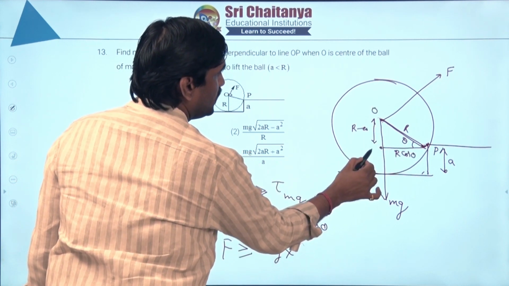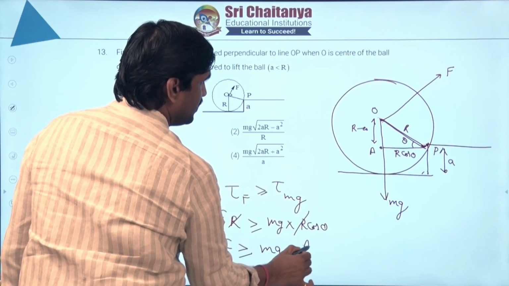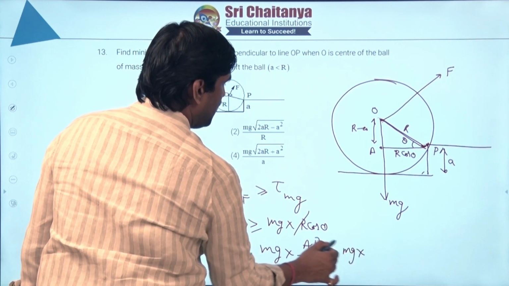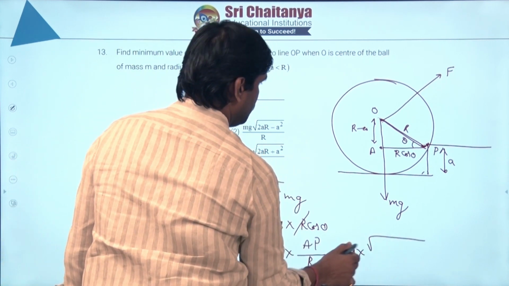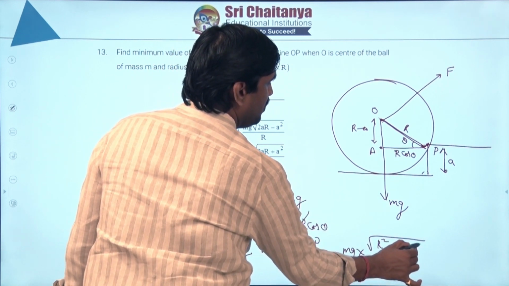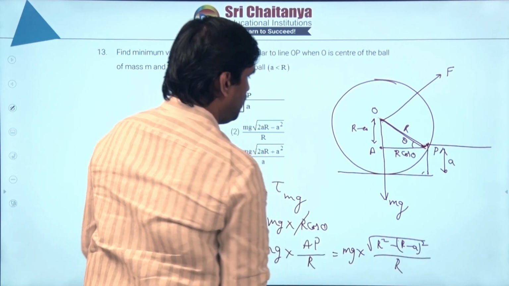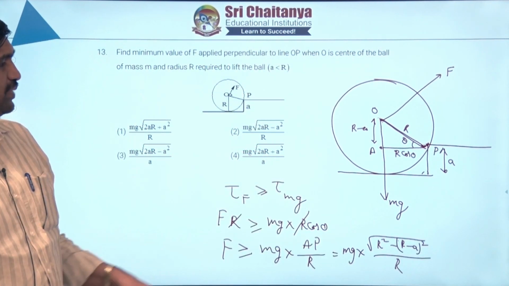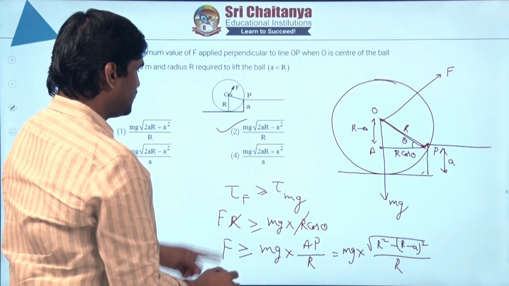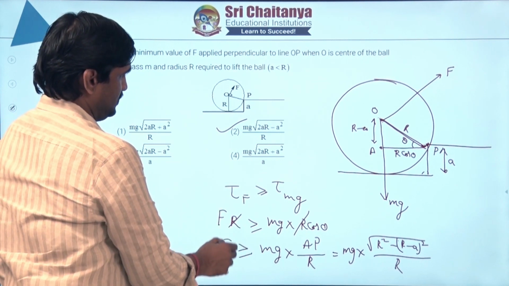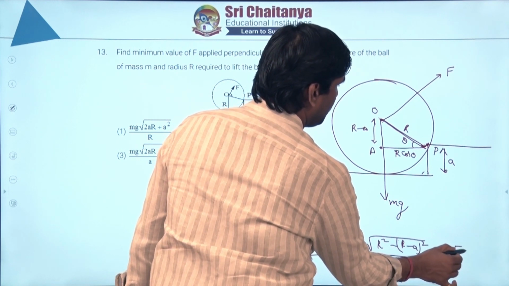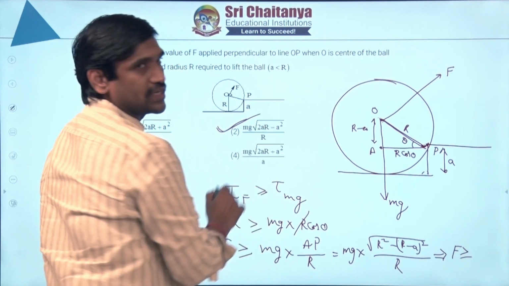Let us consider triangle OAP, adjacent side AP by hypotenuse R. Now, which is equal to mg AP, where AP is equal to square root of R square minus (R minus A) whole square, by R. Now, by simplifying it, you will get F should be greater than or equal to that, and the second option is the correct one.